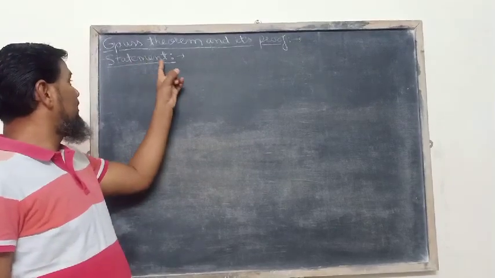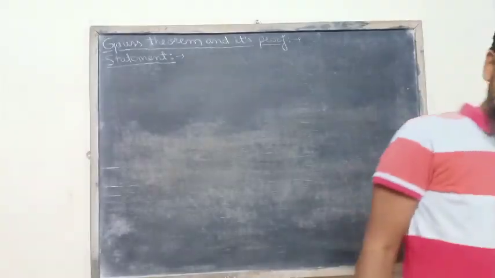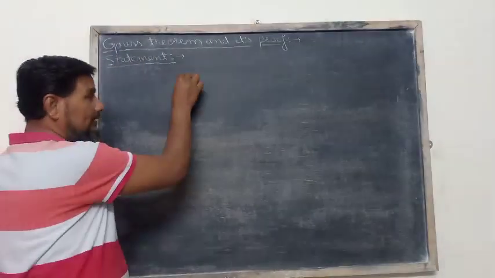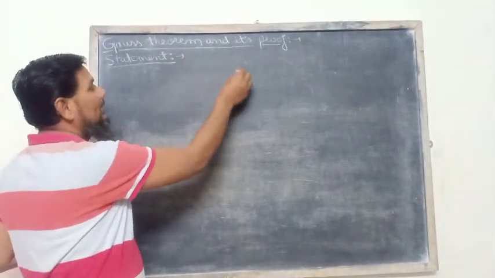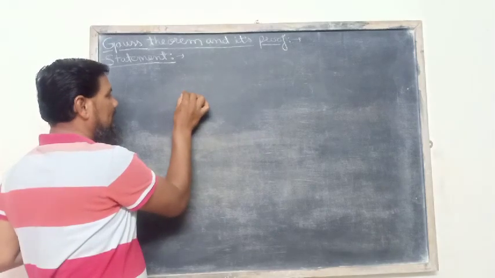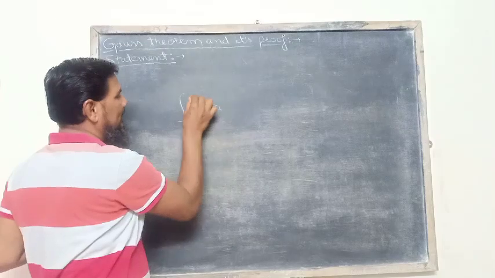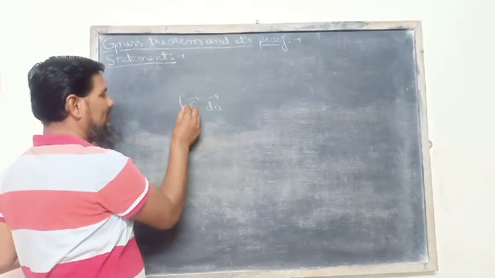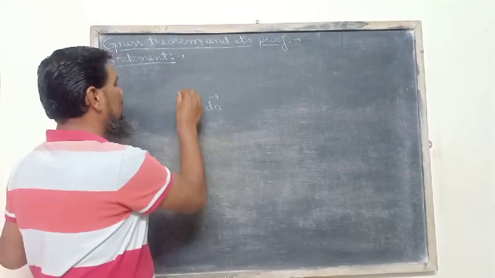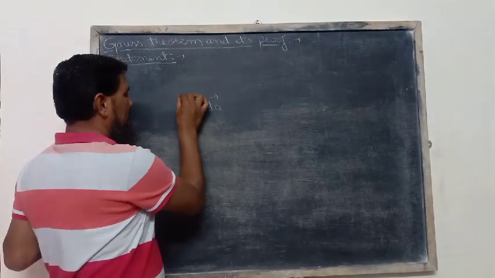First of all, we shall discuss the statement of Gauss theorem. According to Gauss theorem, we know that a measure of electric flux is linked with a closed surface. We have studied that electric flux is integral E dot dA for any surface region, and for a closed surface we put a circle on the integral symbol.